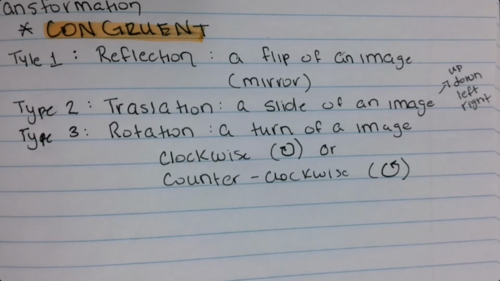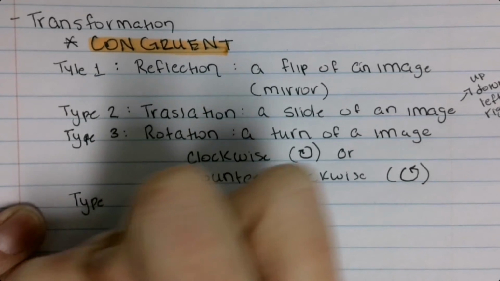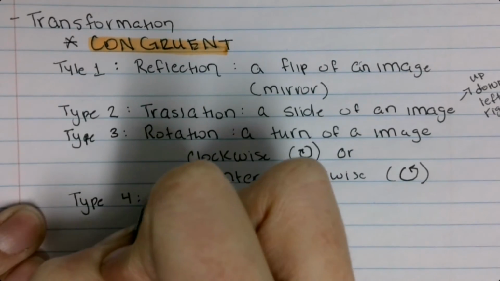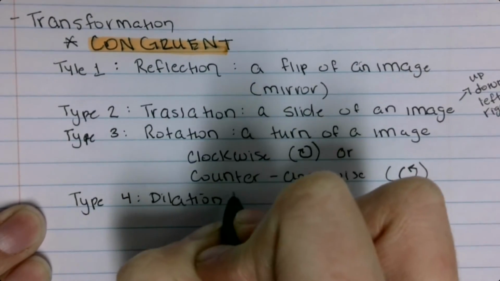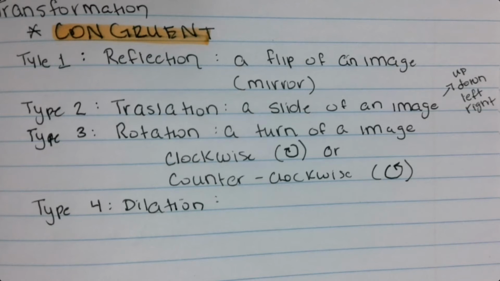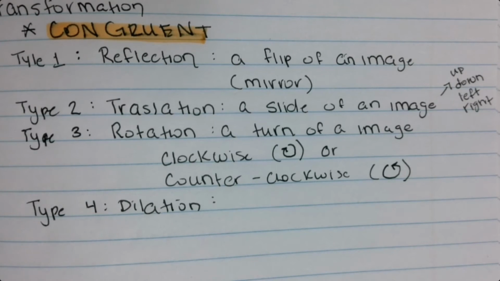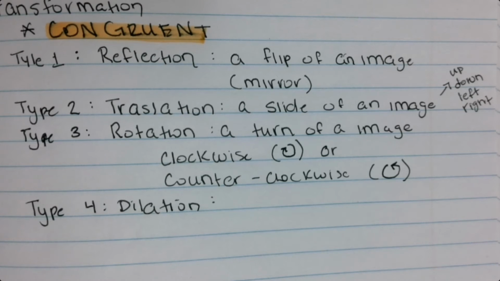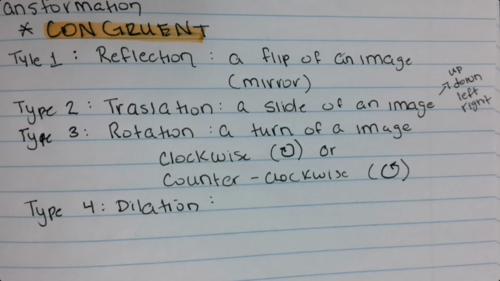All right. The last type, which you may have not seen before, that may be the new one, is going to be what's called a dilation. And if you have ever gone to the doctor and they've put stuff in your eyes, they're like, I'm going to put a dye in your eye so I can see it better. And then you have problems seeing, they're dilating your eyes. They're dilating your pupil because they're making it bigger so they can see better.